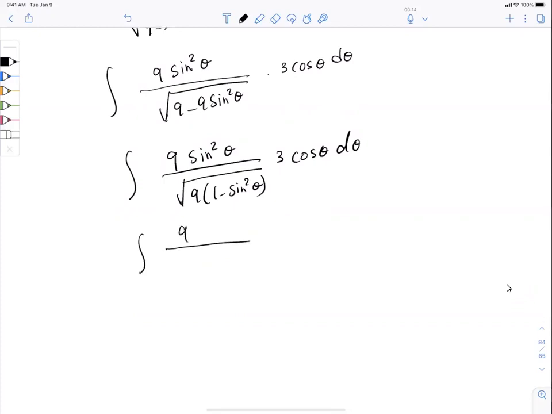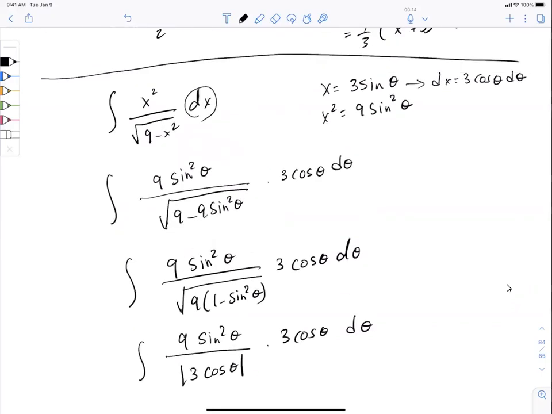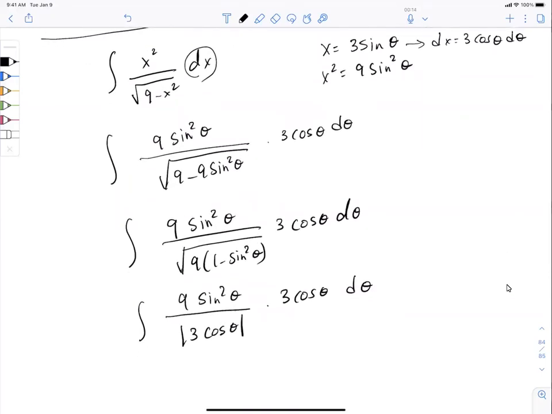But here's the thing. What if I pick my angle theta such that cosine of theta here turns out to be positive?